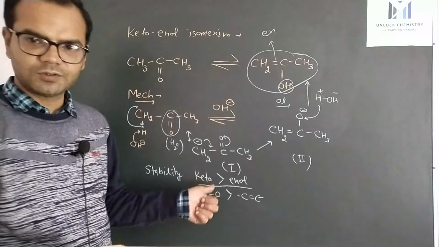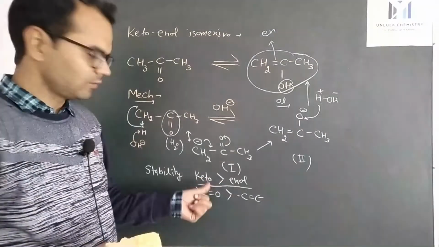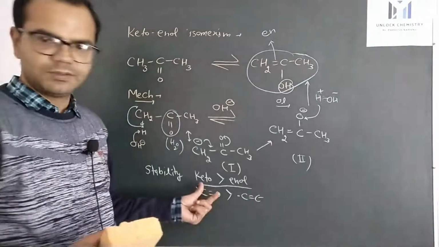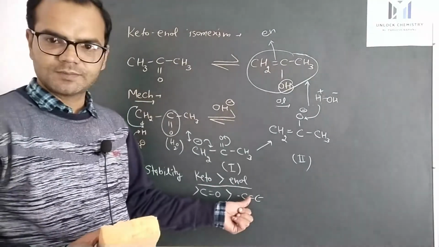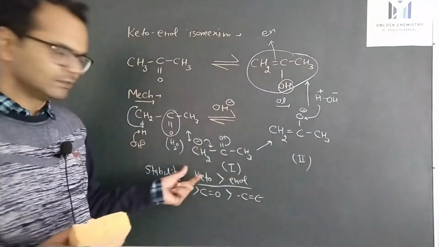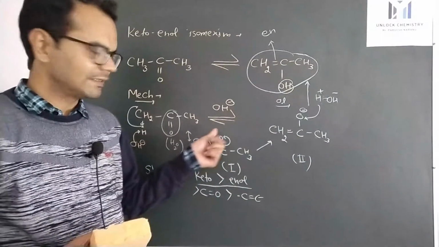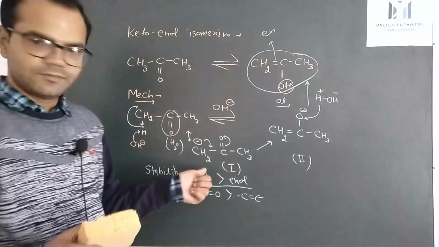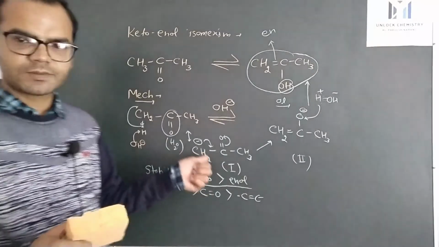So carbon-oxygen double bond is a stronger bond, more stable as compared to carbon-carbon double bond. It has a high bond dissociation energy, while the other has a lower bond dissociation energy. So in most cases keto form is more stable, but some exceptional cases are there, which we will also discuss. In most cases we will obtain the keto product as the stable product.